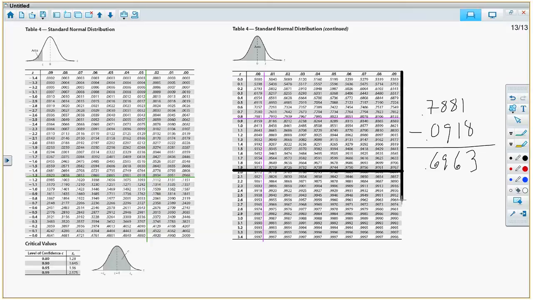All right, write that down. That's 0.9767. And what's the other one? 1.09? Well, that's 1.0 plus 9 cents, which is 0.8621.